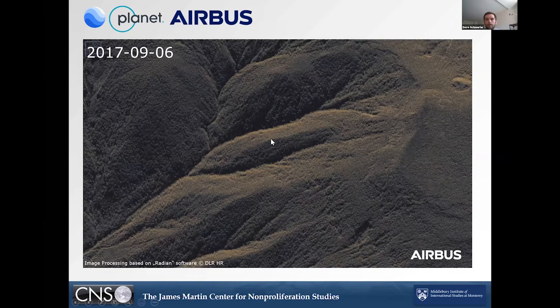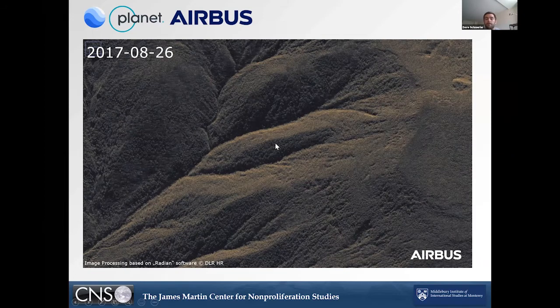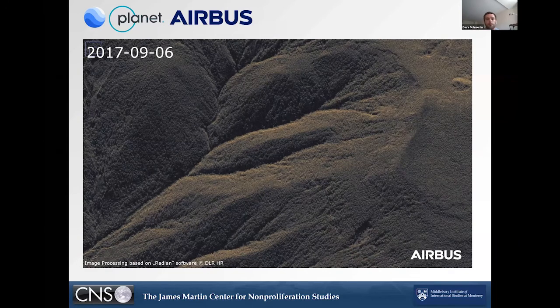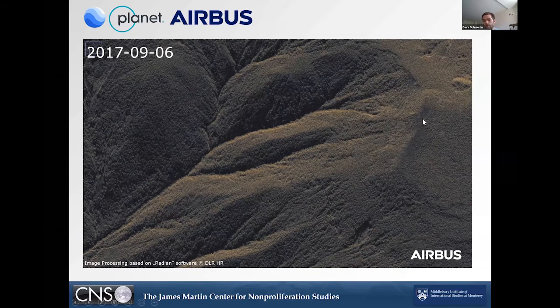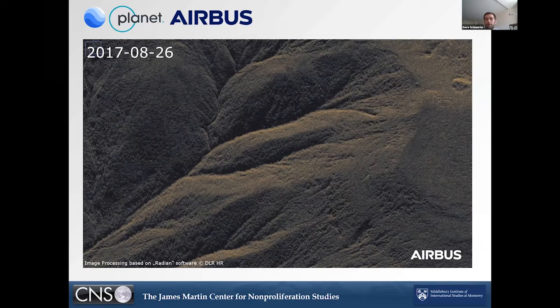This is a really interesting satellite image. It is of North Korea's nuclear test site at Punggye-ri. This is also using synthetic aperture radar, and we're comparing between a series of days, and you'll notice that in this image, the mountain right here is pulsing. Mountains don't breathe, they don't move unless there's an earthquake or some type of seismic structure.